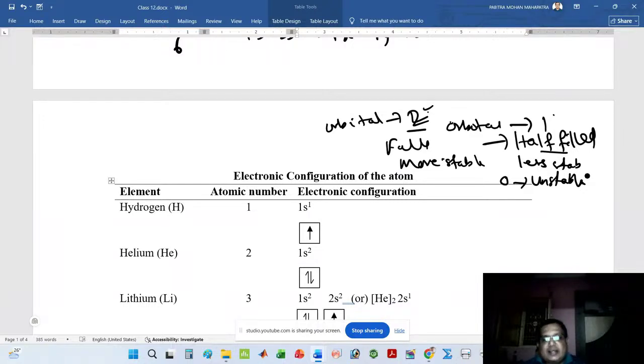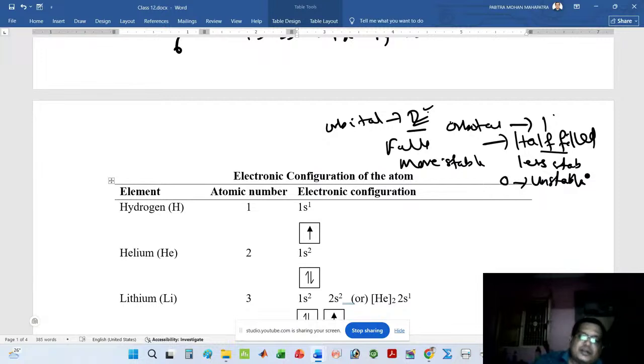You can take any type of orbital: px, py, pz, dxy, dyz, dzx. If the orbital has one electron, that is half filled. If it has two electrons, that is full filled. A full orbital is more stable compared to half filled, and to the unstable one having zero electrons.